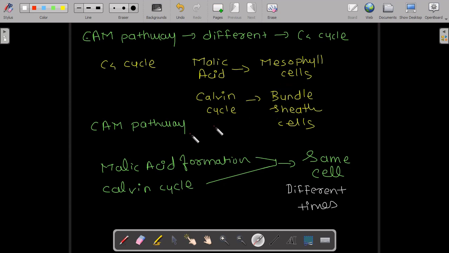But in the CAM pathway, both of the things happen in the same cell but at different times. Malic acid formation takes place during the night and the Calvin cycle takes place during the day. So that is how the CAM pathway is different from the C4 cycle.